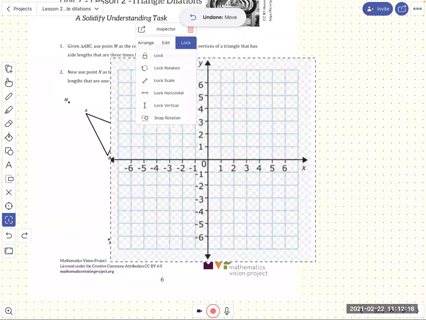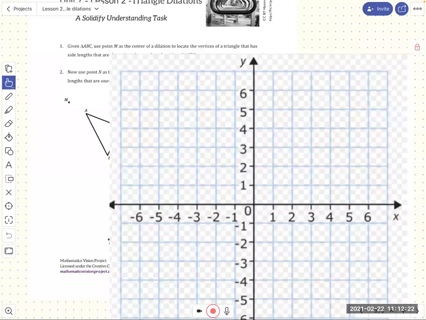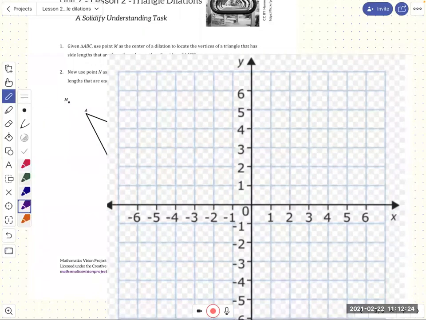And the nice thing about being on the coordinate plane is then you can, so let's say that you have a little triangle here, down 2/3. Okay. So let's say you've got this triangle here. And you want this to be your center of dilation. And you want to have a dilation factor of 3.